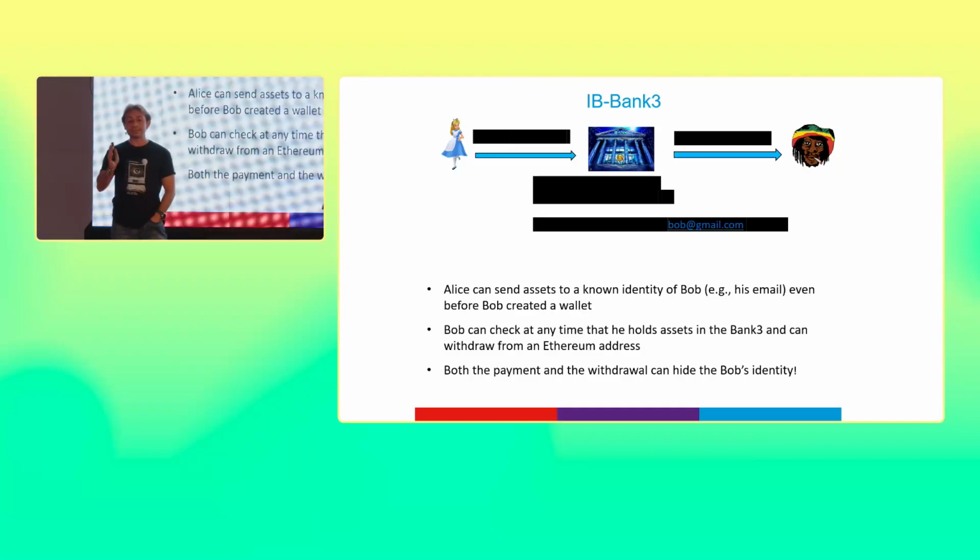So Alice can use Bob's email address as a means of depositing the money in favor of Bob, but this will be hidden. And again, Bob can use the ability of logging into his Gmail address to check if there are transaction deposits in favor of him.